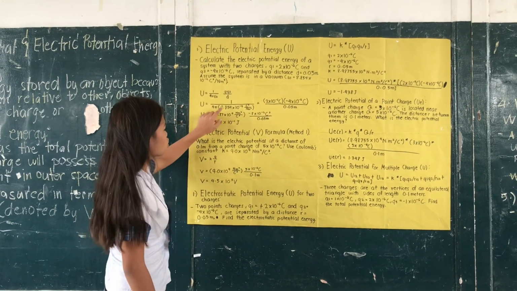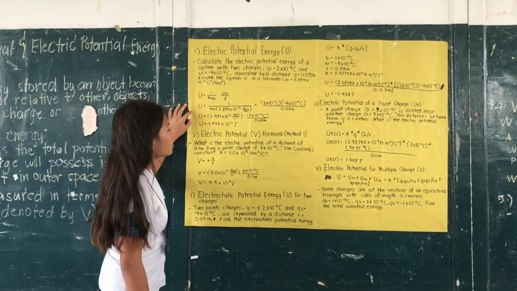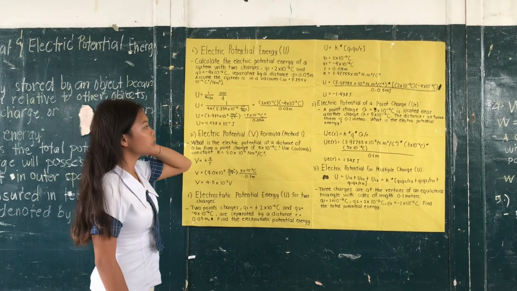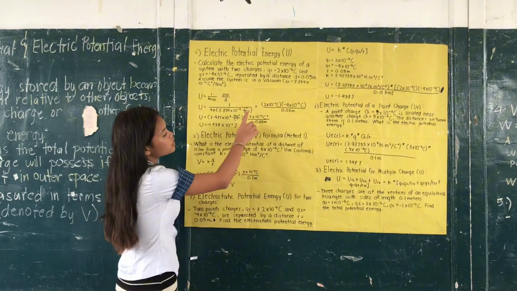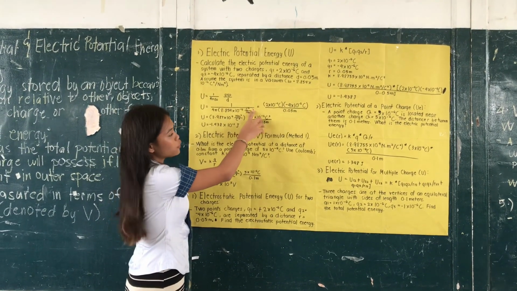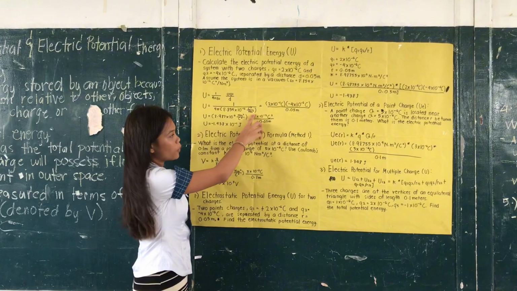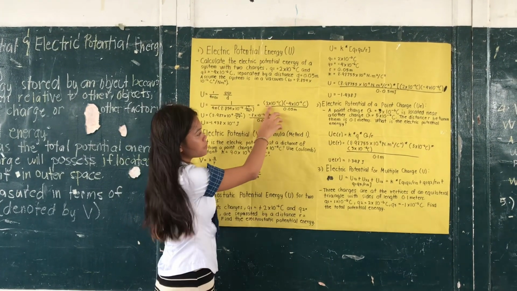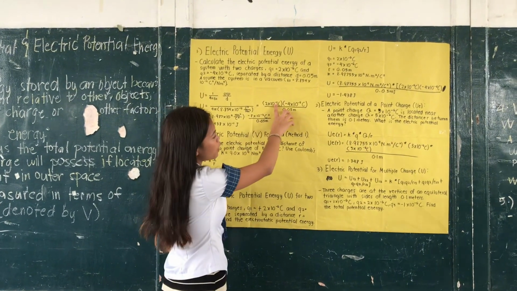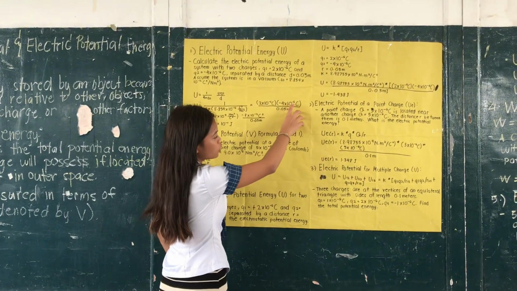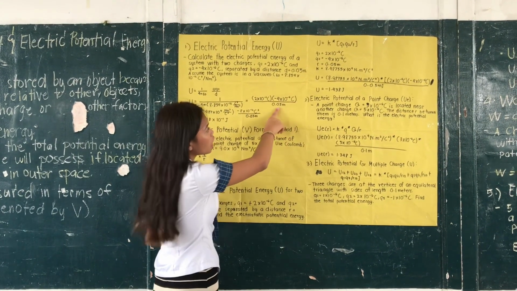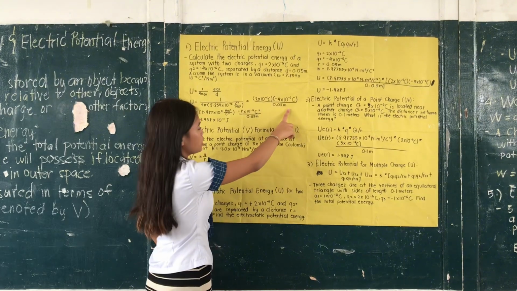U is equal to 1 over 4 pi times 8.854 times 10 to the power of -12 coulomb squared over newton meter squared, times 2 times 10 to the power of -6 coulomb and -4 times 10 to the power of -6 coulomb, over the distance 0.05 meter.